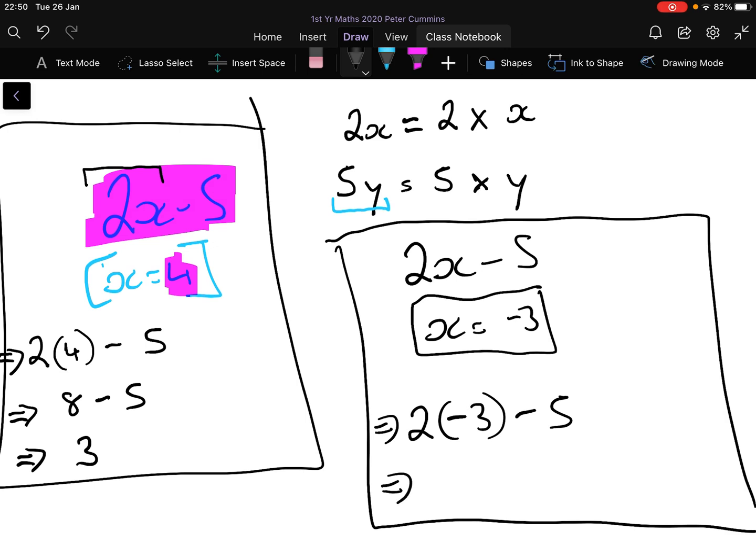I put my arrows in so it's a different line. If I multiply 2 times -3, that gives me -6. Put the 5 back down, and from your number line when we did integers, when you have -6 and you take away 5, that gives you -11.